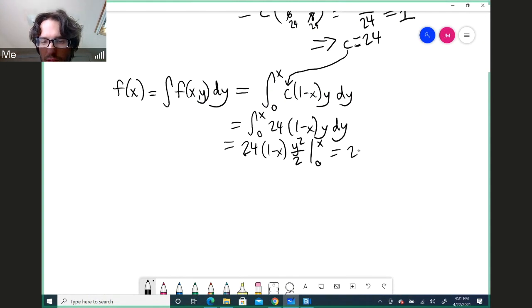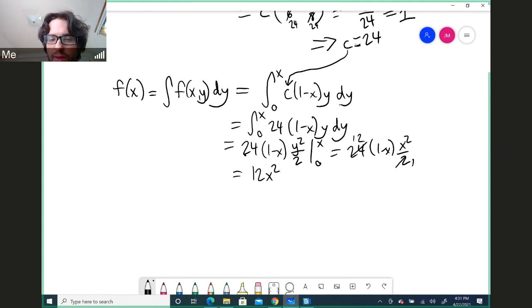So this is equal to 24 times 1 minus x times x squared over 2, which can be more simply written as 12 times 1 times x squared, so that's 12x squared, and 12 times minus x times x squared is minus 12x cubed. Cool. So this is our marginal distribution now.